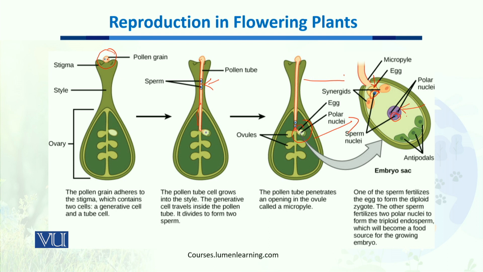So this fusion results in the formation of endosperm, while this fusion results in the formation of the embryo. This is known as double fertilization, and it is the reproductive hallmark of flowering plants.